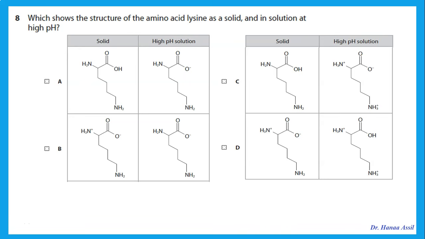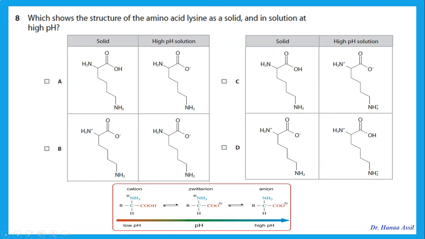Then this question says, which shows the structure of the amino acid lysine as a solid and in solution at high pH? You should know that for amino acids, when it is in solution, it is in the form of a Zwitter ion.